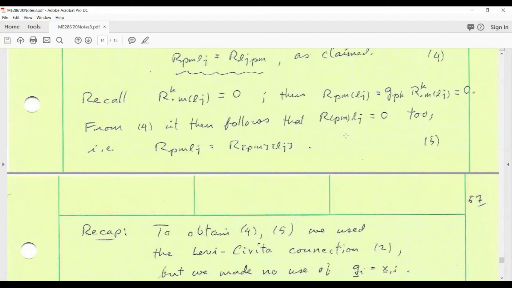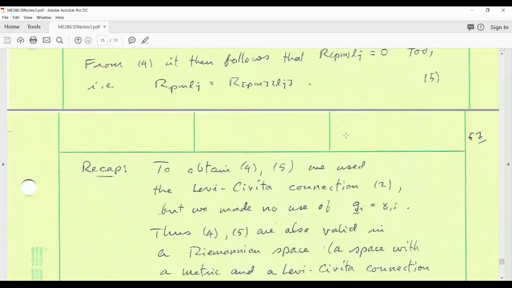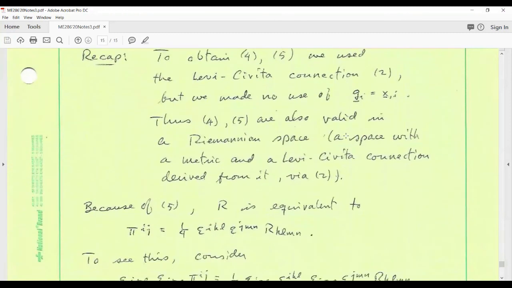So that reduces greatly the number of non-trivial Riemann tensor components.